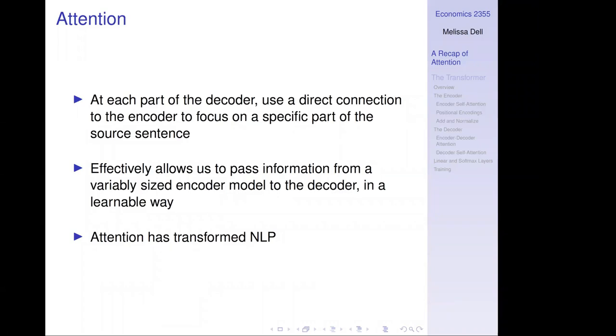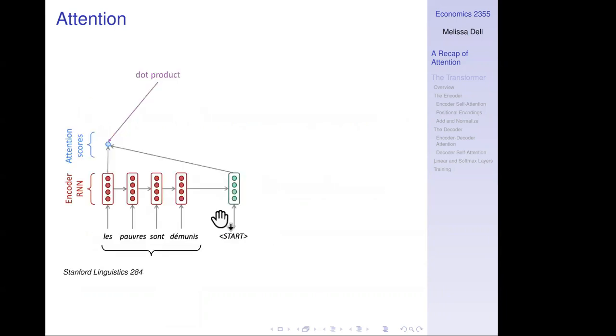And that effectively allowed us to pass information from a variably sized encoder model to a decoder in a way that's learnable, because we don't know the size of that encoder model ex ante, because it depends on the length of the sentence that we want to pass in. And as we talked about, and as we're going to see more this week, this idea of attention has transformed NLP.